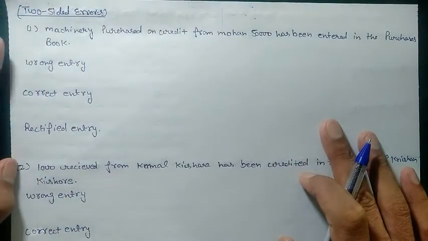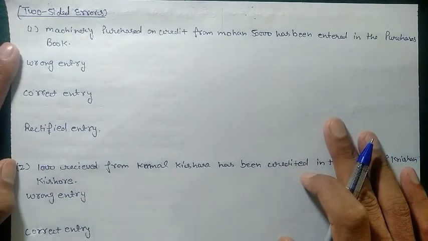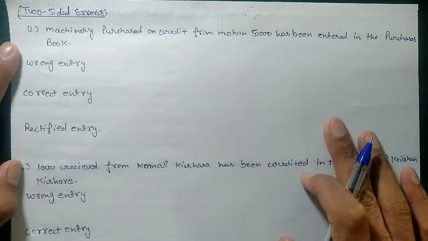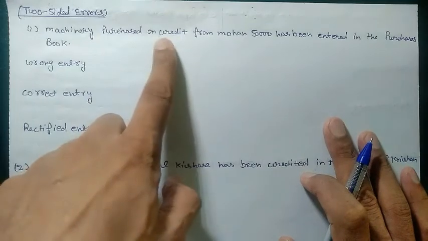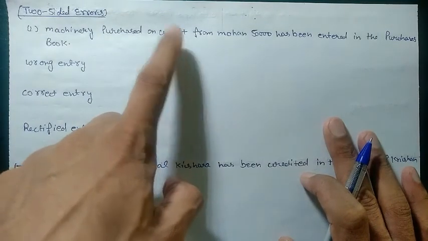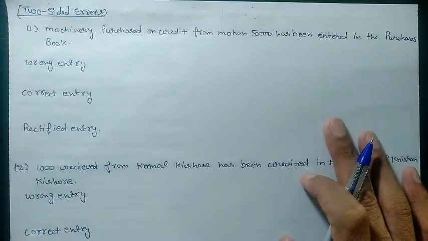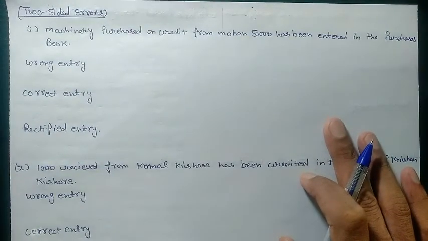When we purchase machinery, it is an asset for us and a capital expense. So our entry should be machinery account debit to cash account, or maybe machinery account debit to vendor account. Vendor is Mohan in this case, so we will post machinery account debit to Mohan.